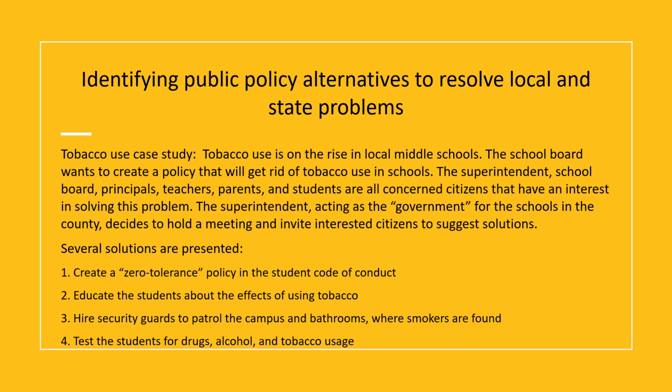The activity is going on in schools, which means that middle school students are also in a position to buy or sell or use tobacco with other people who don't have the legal right to buy or use or sell that product. And so we've got a multifaceted problem.